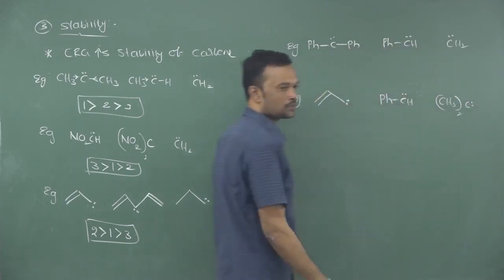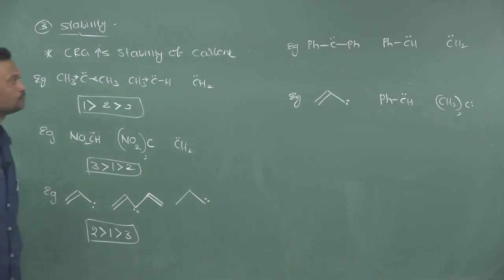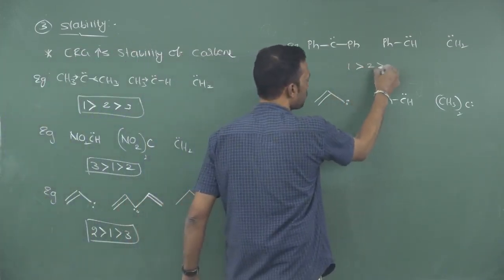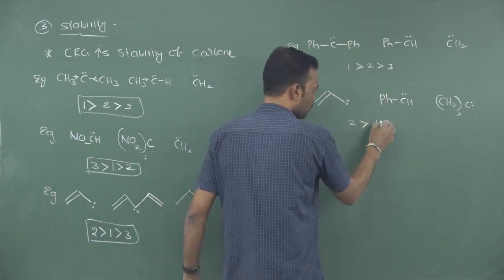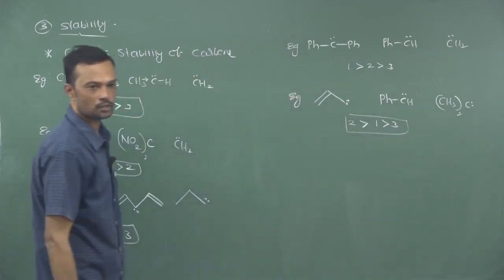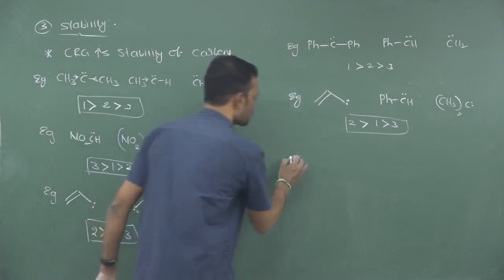How is it stabilized? Say the stability order of carbene. Which is more stable here? The first one is more stable than the second and third. And here the second one is more stable than the first, followed by the third. Greater the conjugation, greater the stability of carbene. Same concept: delocalization as well as resonance stability.